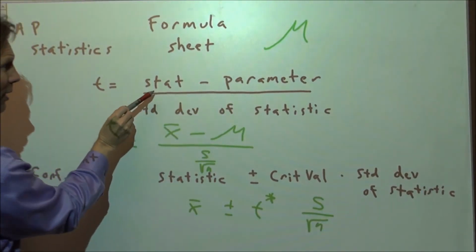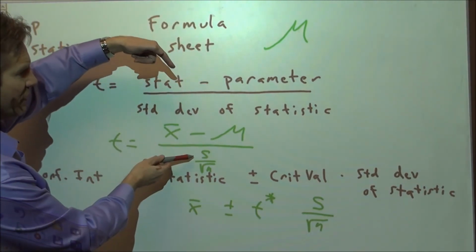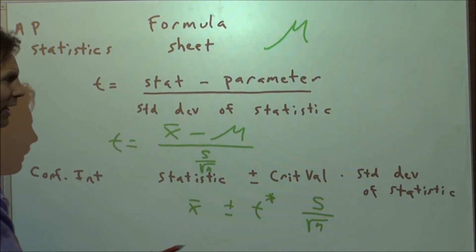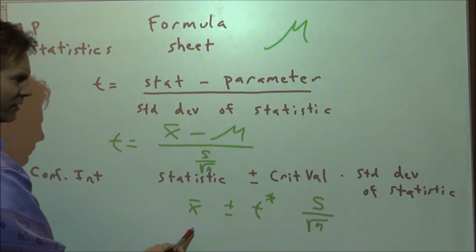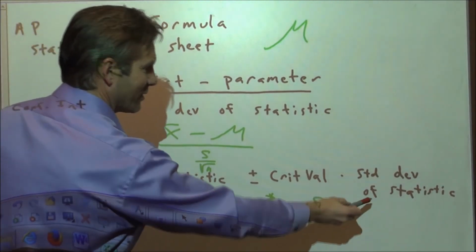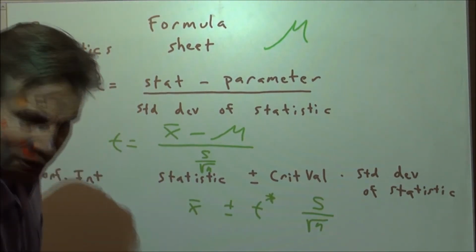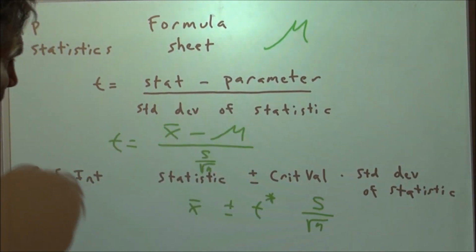You take x bar minus mu, you divide it by the standard deviation of the statistic, which is actually the standard error of the statistic. Likewise with the confidence interval, you're estimating mu, the population mean. So it's your sample mean, that's the statistic, plus or minus the critical t-score multiplied by, again, the standard deviation or the standard error of the statistic. So that is golden, and the standard deviation formulas are all further down the page.